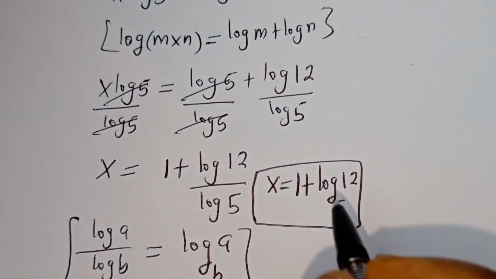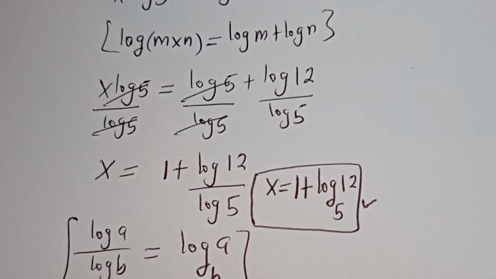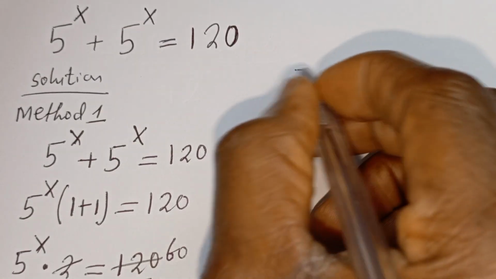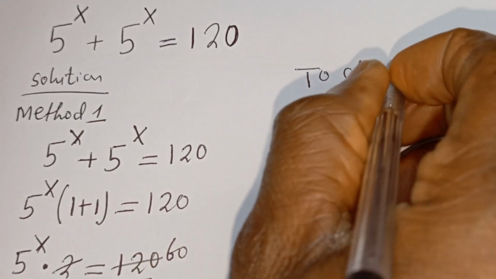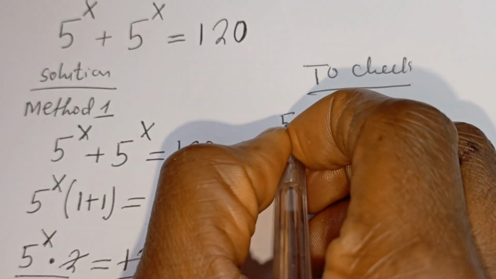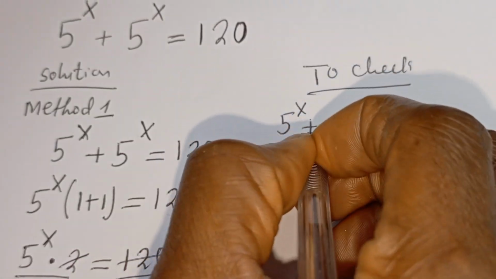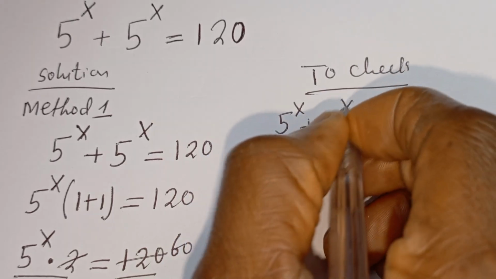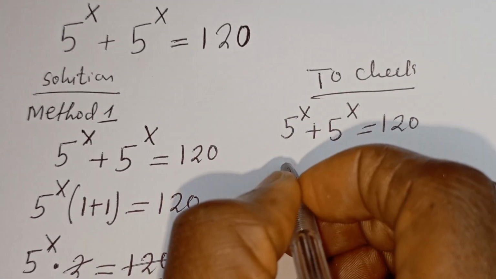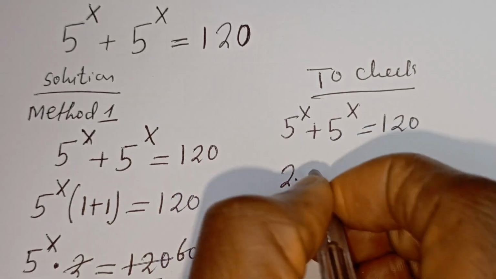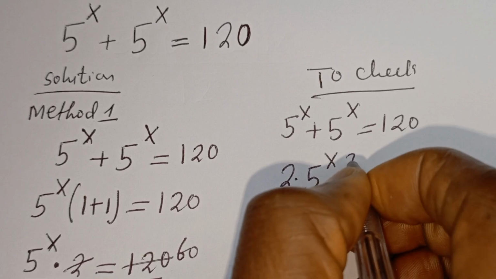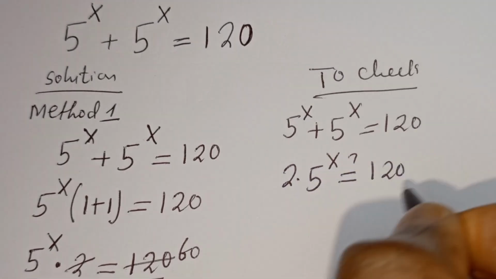We can check to confirm if this answer is right or wrong. Let's check. To check, we have the given equation 5 to the power of x plus 5 to the power of x is equal to 120. Then this is 2 multiplied by 5 to the power of x must be equal to 120.